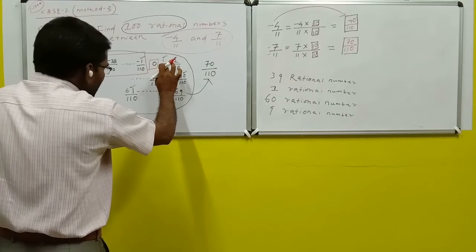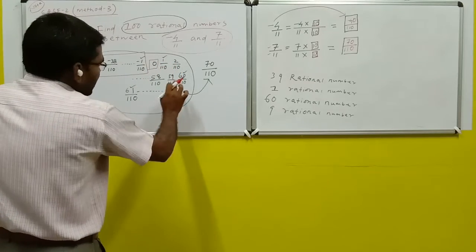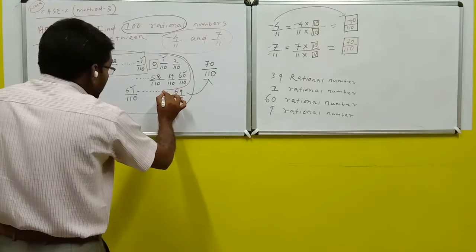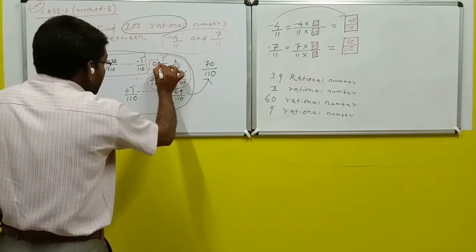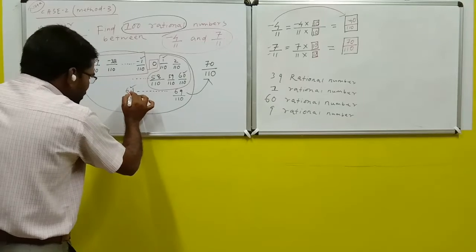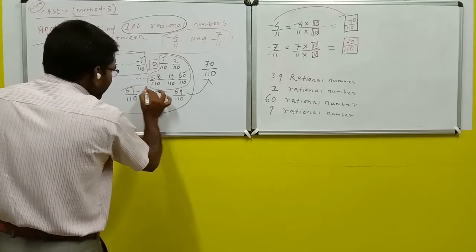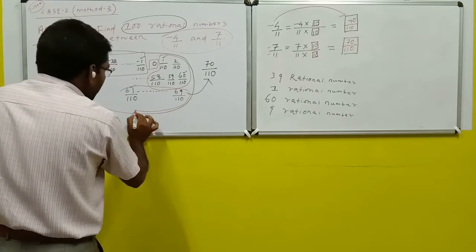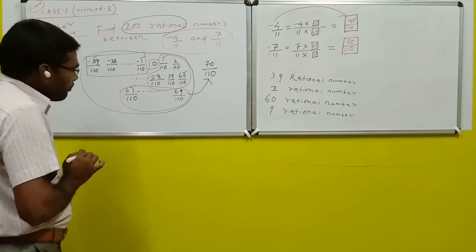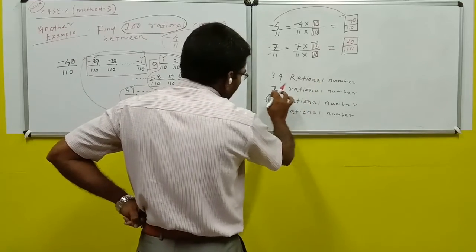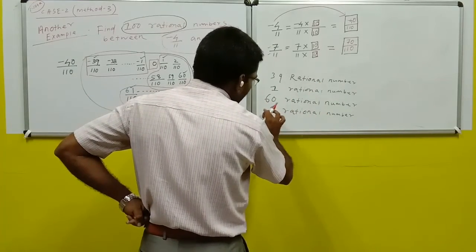And from 1 by 110 to 60 by 110, it is 60 rational numbers. And from 61 by 110 to 69 by 110, they are 9 rational numbers. So totally you have found 39 rational numbers, 1 rational number, 60 rational numbers and 9 rational numbers.